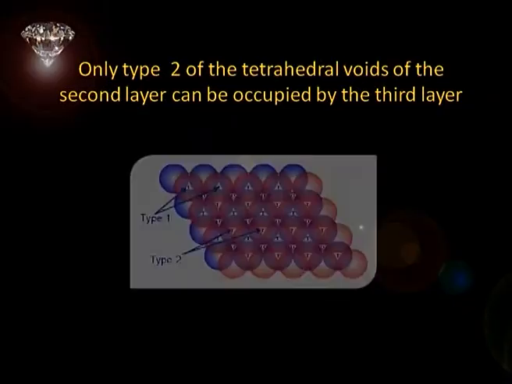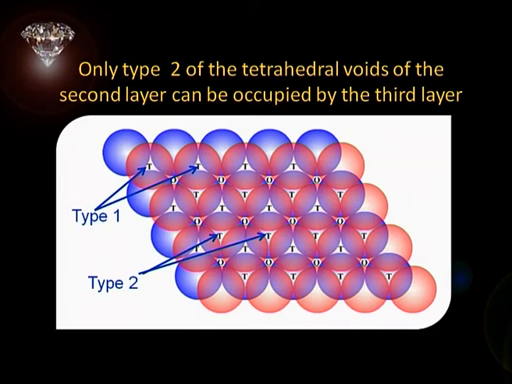But here again one has to be careful, because this picture uses different colors to make things clear. If I look at the second layer, which has been made red in color here, you find that there are 2 types of tetrahedral voids, type 1 and type 2.